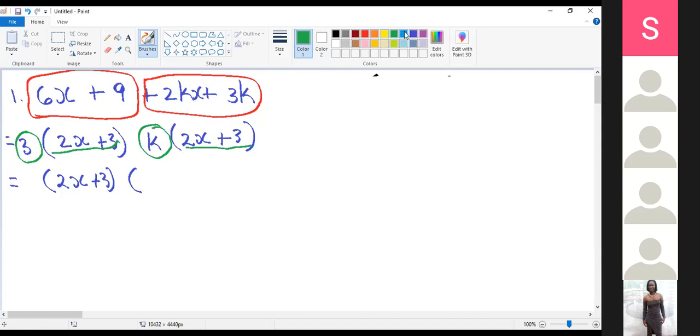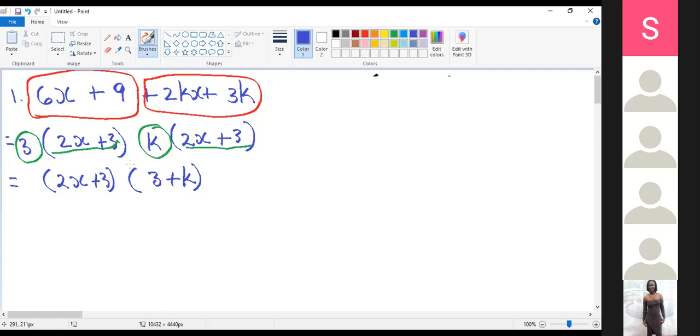So in the second bracket, you're going to have 3 plus k. See that? So one bracket will have what you had in both brackets because they should be the same. And the second bracket should have what you have outside the brackets, the factors. Yes? Okay. And these two brackets are your answer.